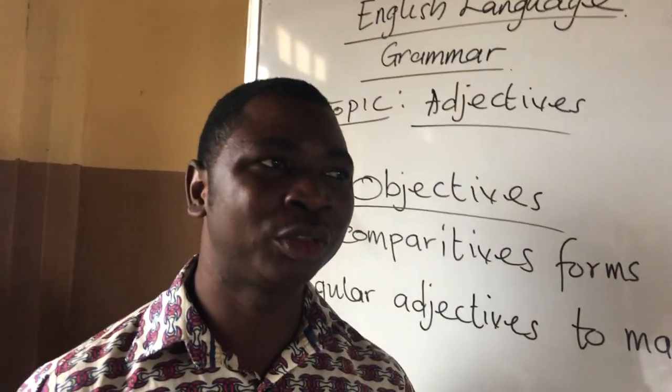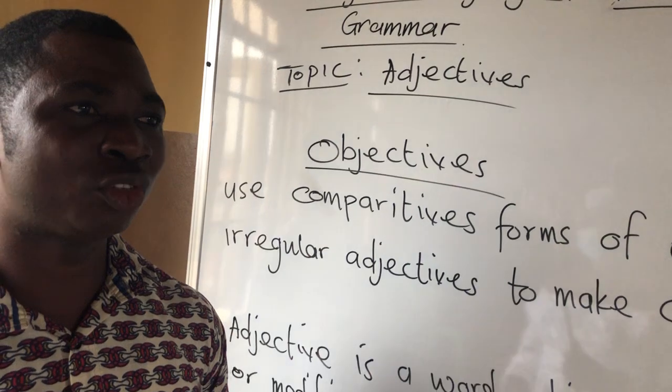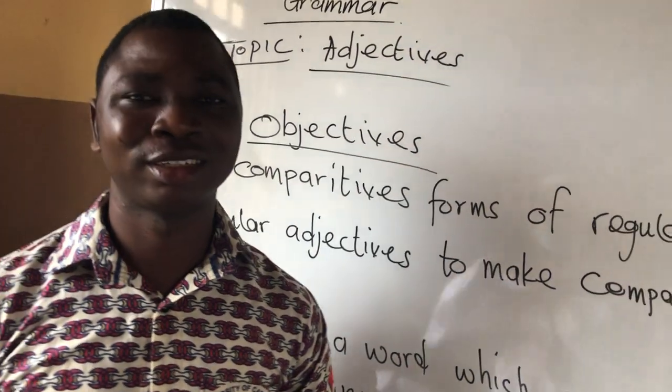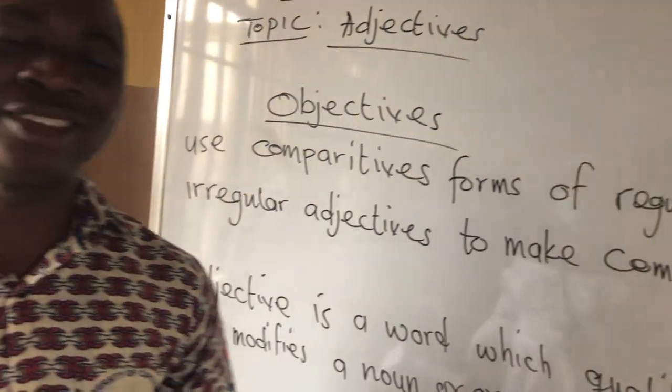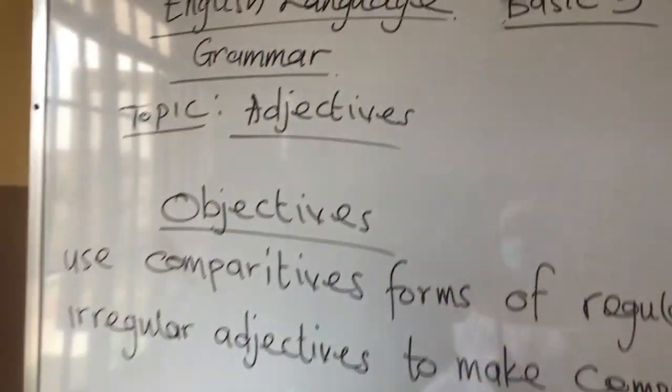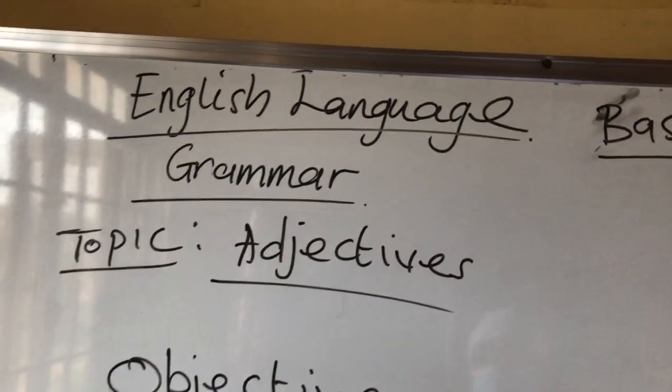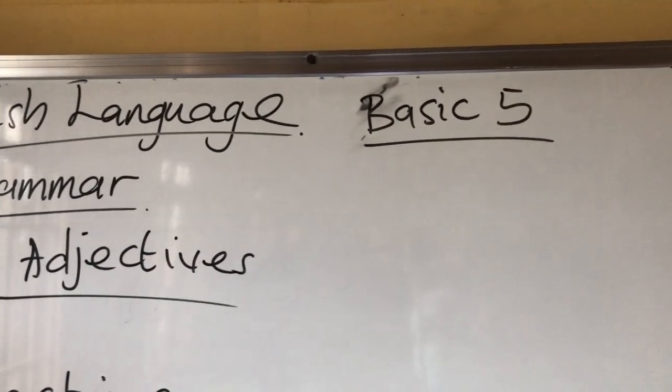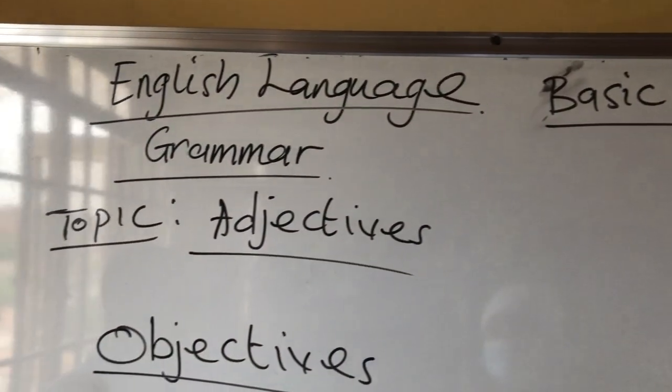We're talking about grammar today. That's the main strand. And the sub-strand, we're going to talk about adjectives. After I finish the lesson, what are our objectives? What are we about to learn?